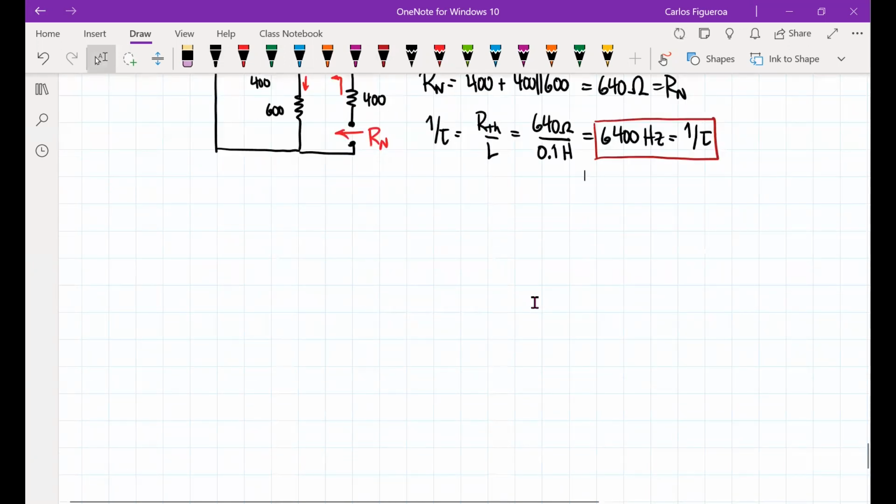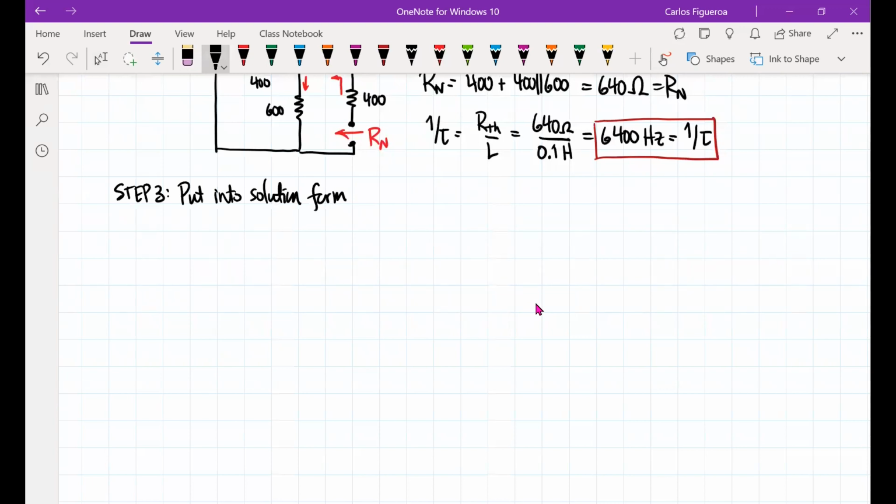So now that I have that, I'm now on step 3. And in step 3, I'm going to put this into solution form and interpret.